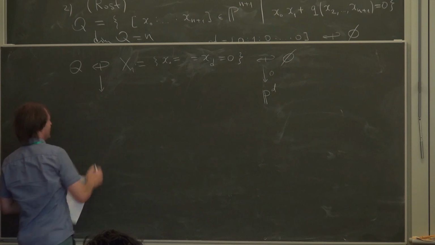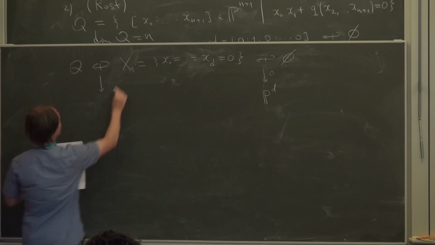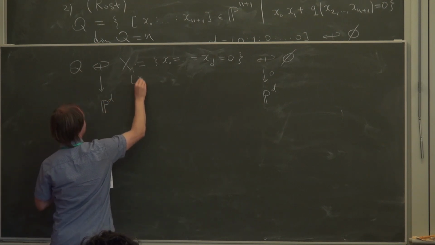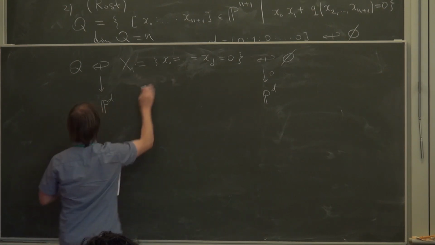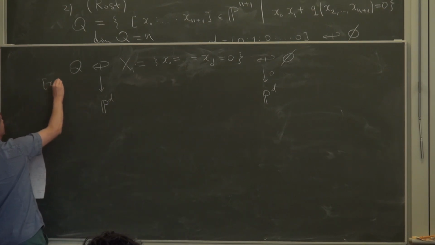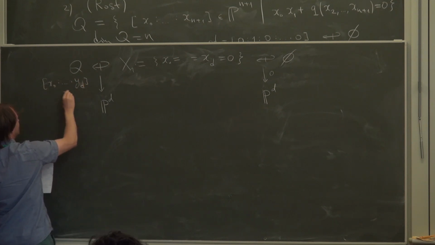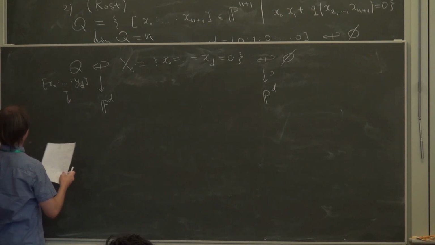And here there is again an obvious projection again to PD. So when we put a point on a quadric, so here x0 ... yd, then we forget the y's.